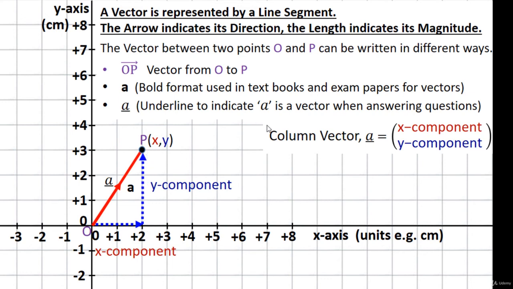And this is usually written in a column vector format, shown here, one number above the other, so in a column form. The x component is always first and the y component is always second. And that's the standard format for vectors used at GCSE and IGCSE.